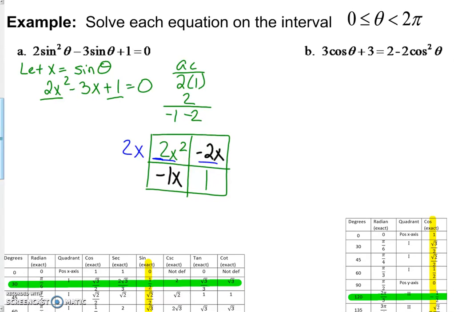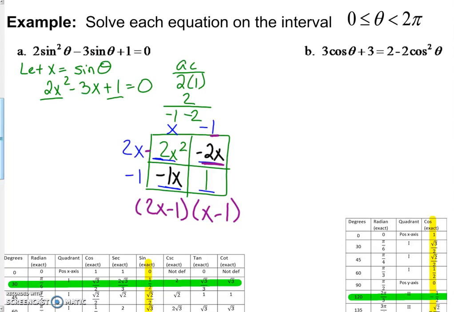So whatever's on the outside. And then I know that 2x times x equals 2x squared. And x times what equals negative 1x? That would give me negative 1. Negative 1 times what equals 1? That would also be a negative 1. And then you have to just double check. Does 2x times negative 1 equal negative 2x? Yeah. So our answers are factors that are 2x minus 1 and x minus 1.